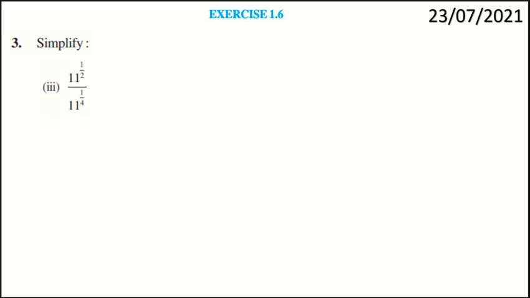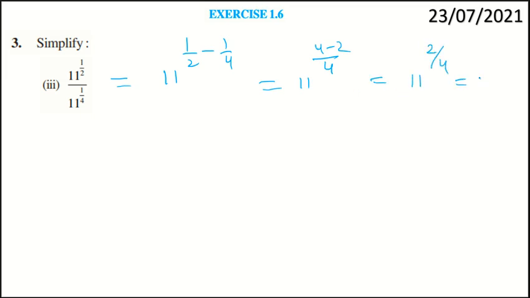Next, sub question number 3, 11 to the power 1 by 2 by 11 to the power 1 by 4 is 11 to the power 1 by 2 minus 1 by 4, where the LCM is 4, 4 minus 2... sorry, here 4 it is 1 only.